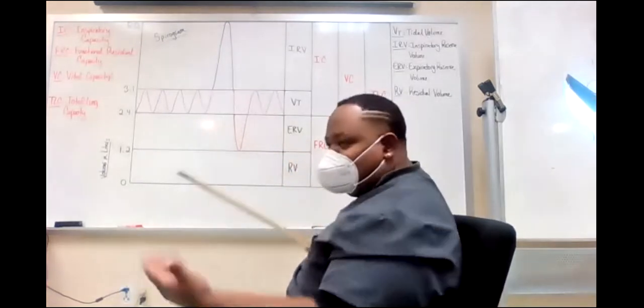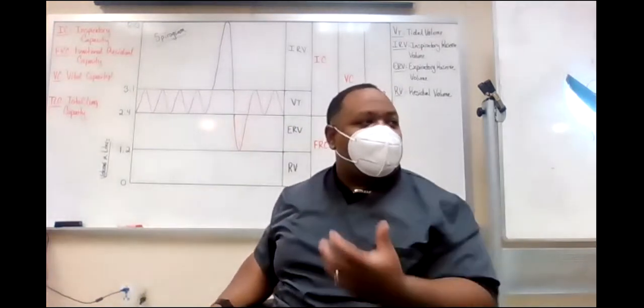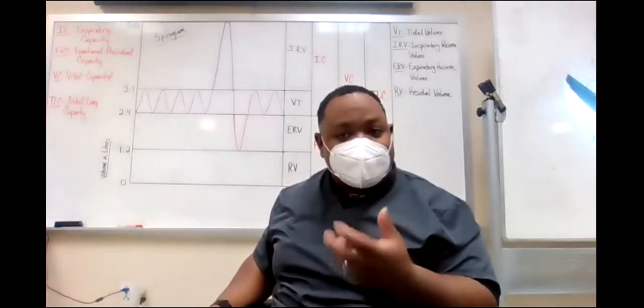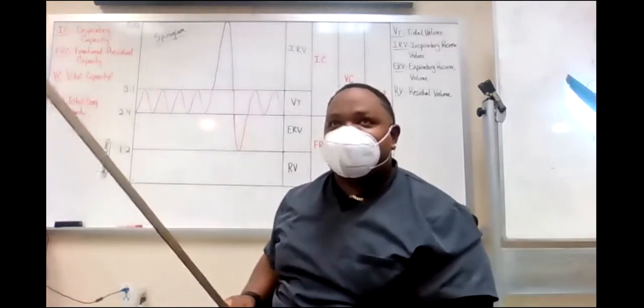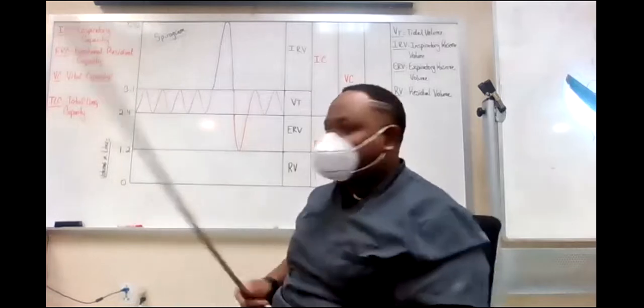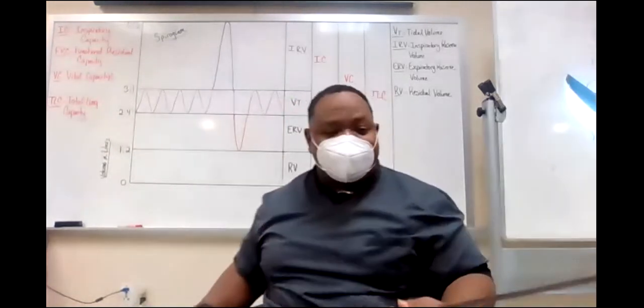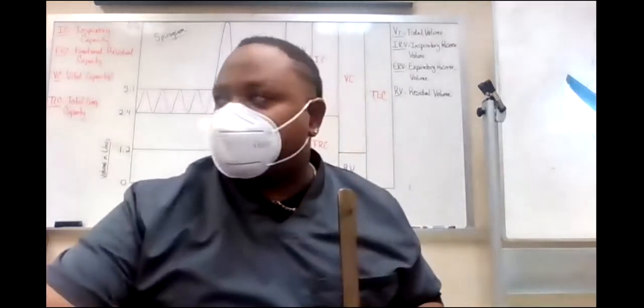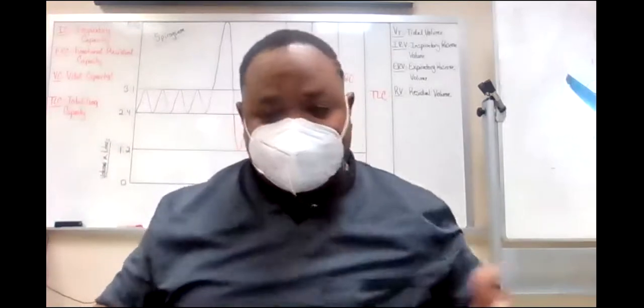Normal in, normal out. That's tidal volume. That's what you're doing right now. That amount of gas that's moving in and out is about 500 cc's, which is 0.5 liters. So the difference between 2.4 and 3.1 is 0.5. That's what that's showing you there. But like I said, we'll get into the spirogram in a minute. I'm not expecting you to memorize it this second, but I'm going over the objectives so you can see what I'm talking about.